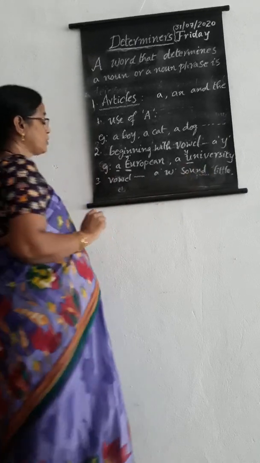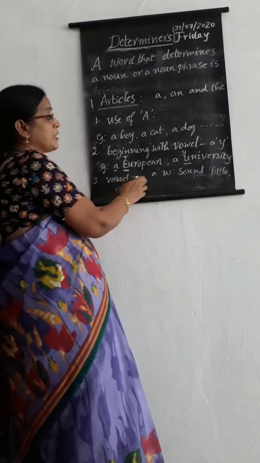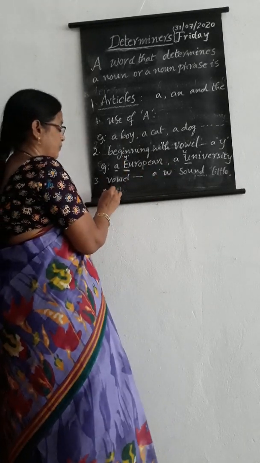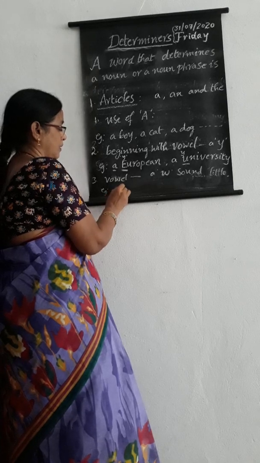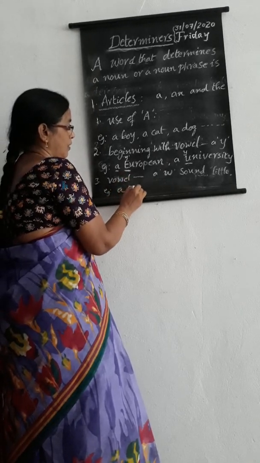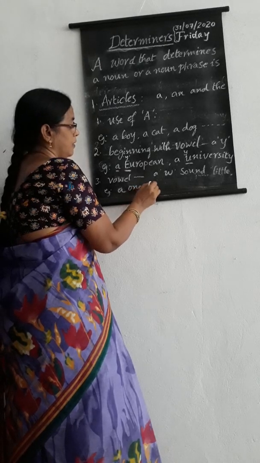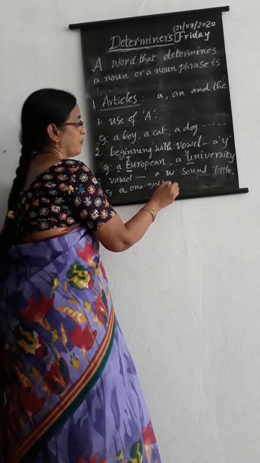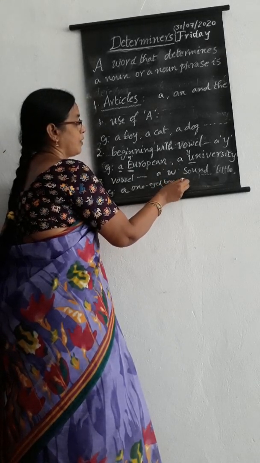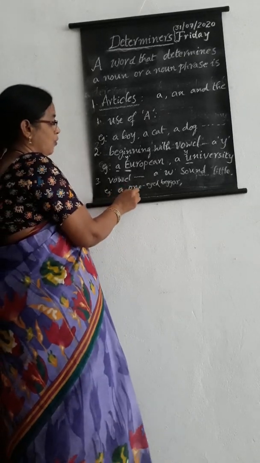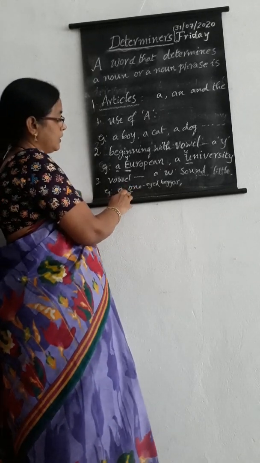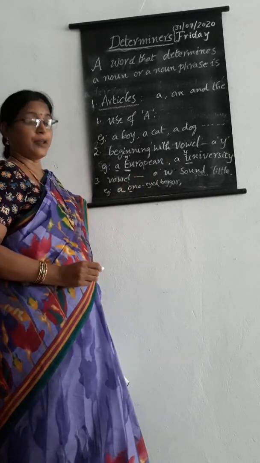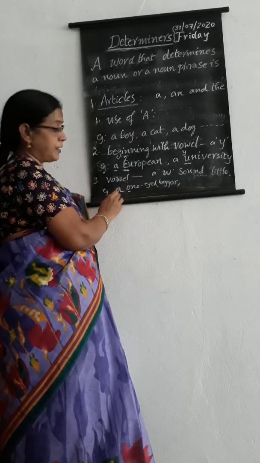Example, a one-eyed beggar. Here the letter O is a vowel, but it gives a W sound. One-eyed beggar. So we have to use the indefinite article A.